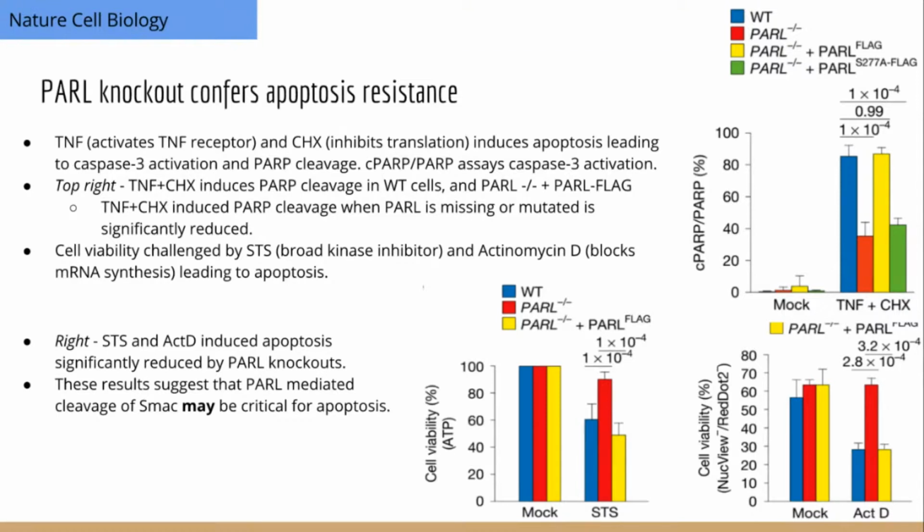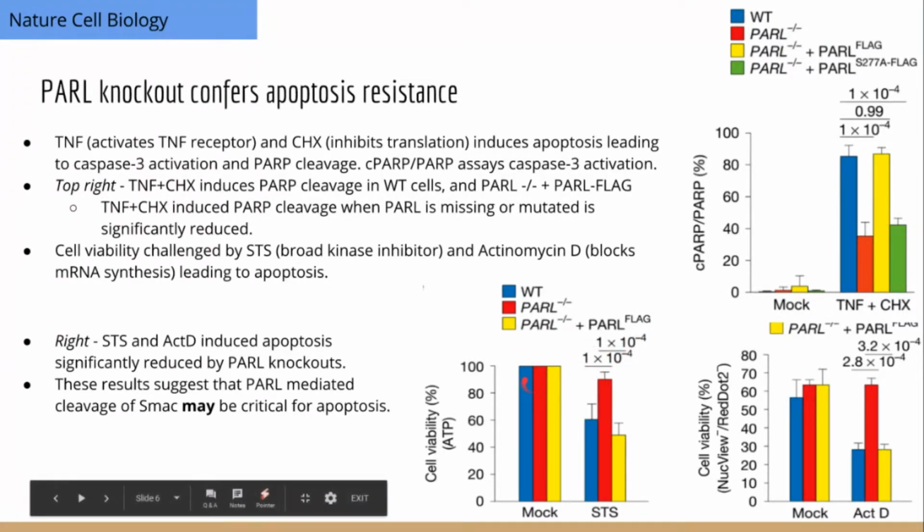And the next thing the researchers assessed was a more broad symptom of apoptosis, and that's just cell viability in general. And they assayed this with ATP concentrations in this graph and nuclear conformation in the second graph following STS treatment, which is an inhibitor of kinase activity, basically inhibits most kinases and induces apoptosis, and actinomycin D over here on this figure to the right, which blocks transcription and also induces apoptosis.